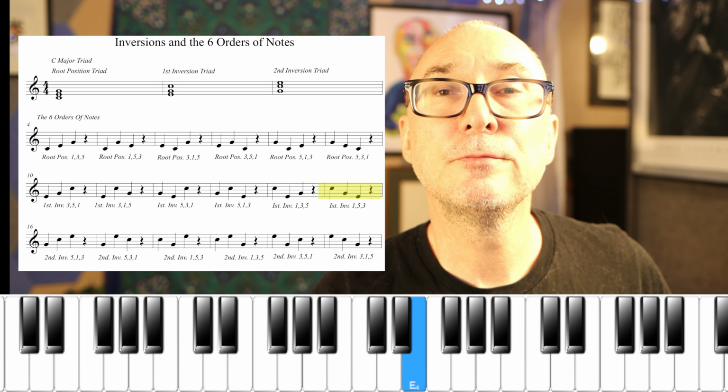We can also embellish triadic melodies to create interesting thematic material. For example, if we pick a second inversion triad and we order the notes 5, 3, 1, and then we decide to embellish that with the 9, which is a D, we can put the D first, or we can take the triadic melody and put the D second.